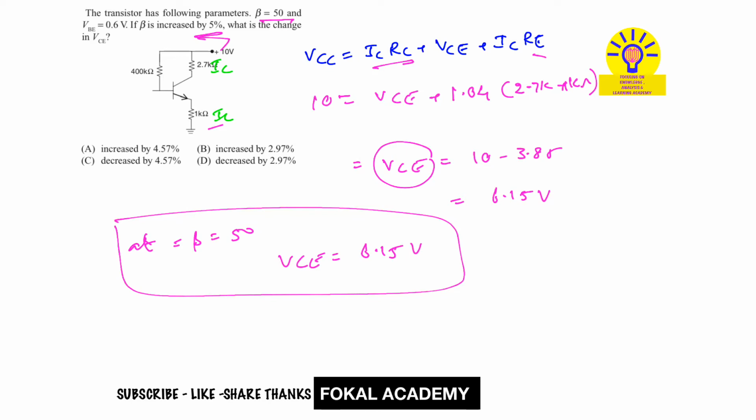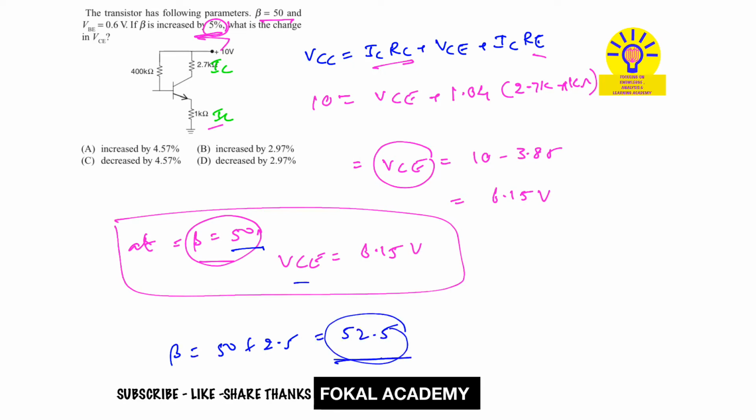Now I am going to increment beta by 5%. 5% of beta is 2.5, so the new beta becomes 50 plus 2.5, which is 52.5. For this beta value, what is the VCE value? Same procedure: first of all find the IC value, next substitute in this equation, then we get the new VCE value.